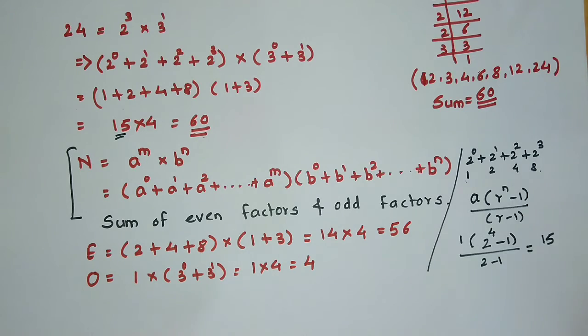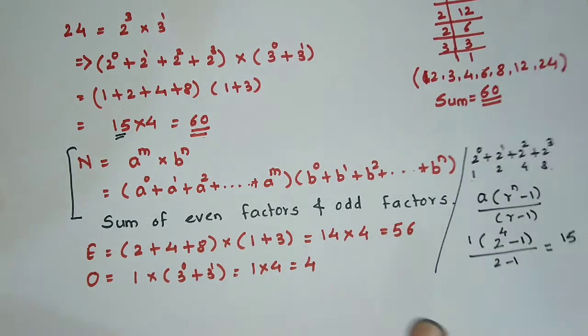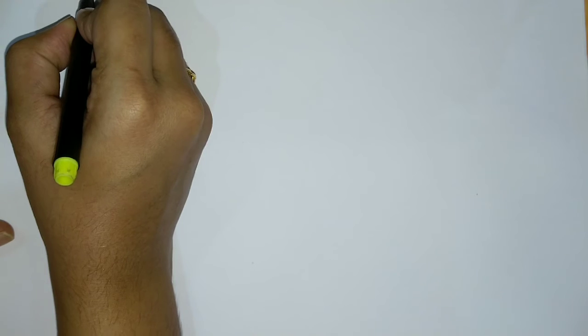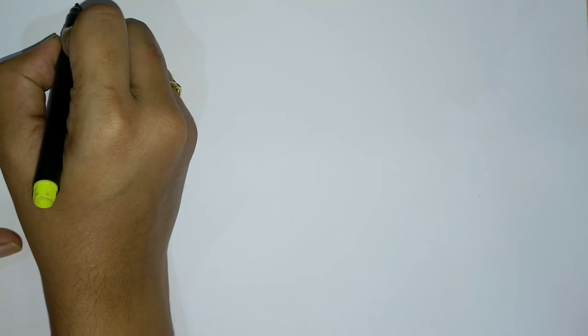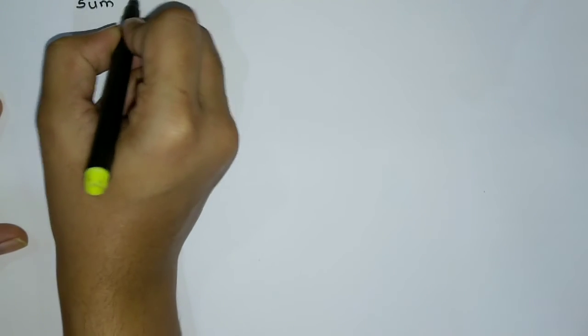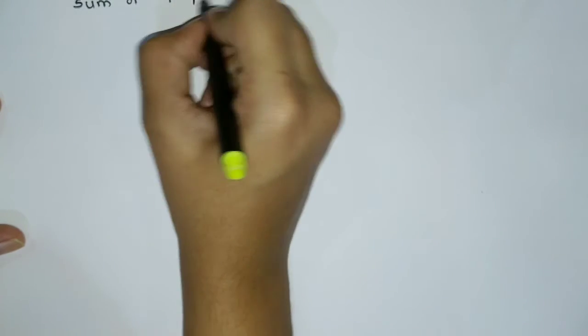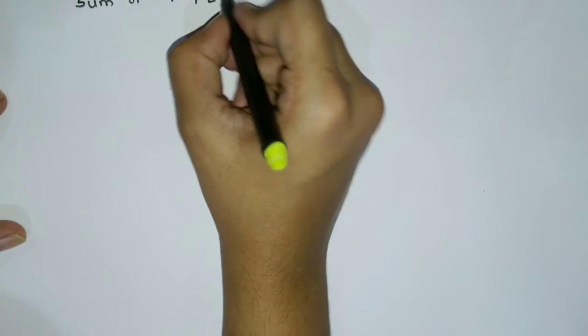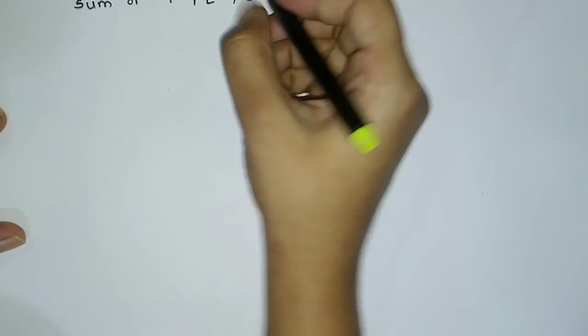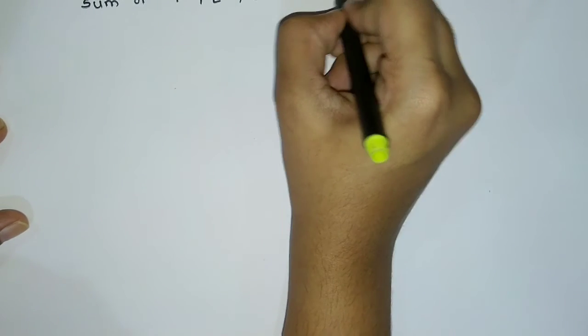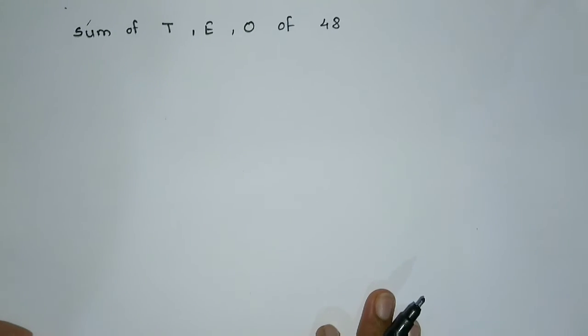Now let's solve one example using this geometric progression. Find the sum of the total factors, even factors and odd factors of 48.